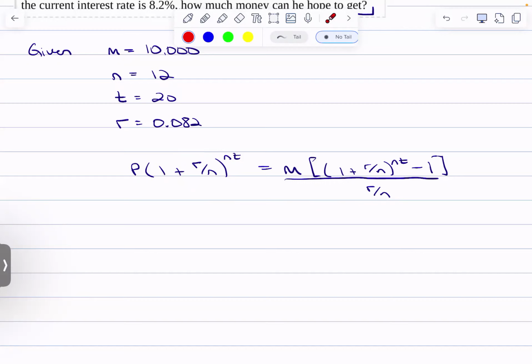I like to have it simplified and then move things over as I need it.